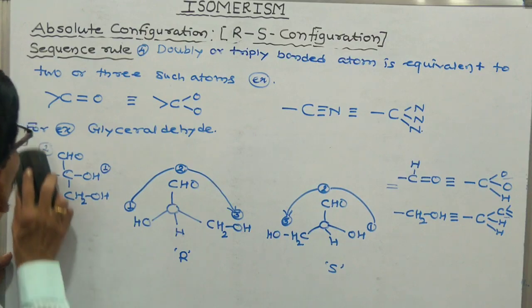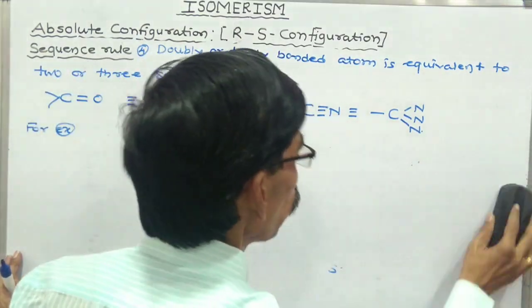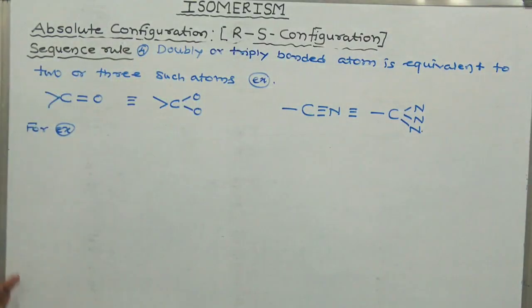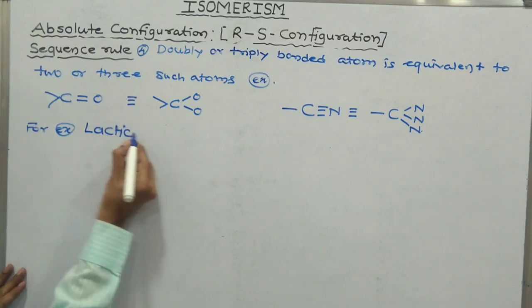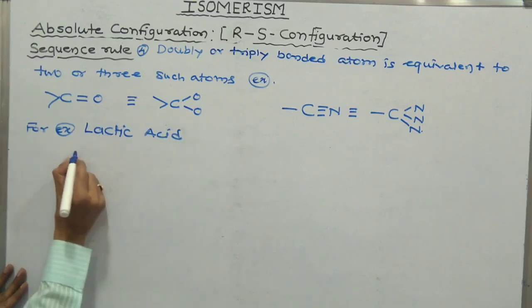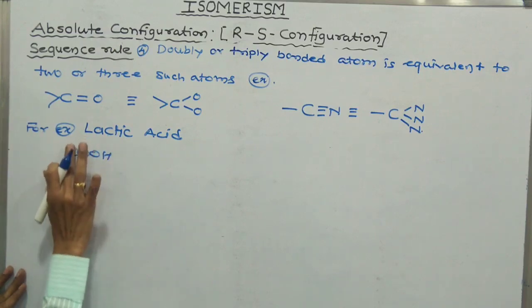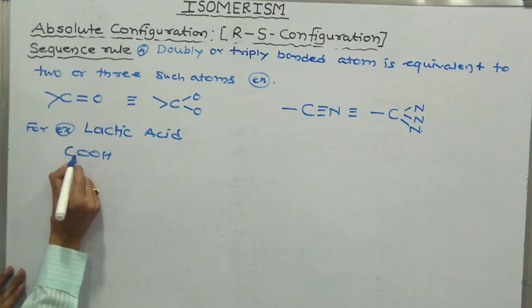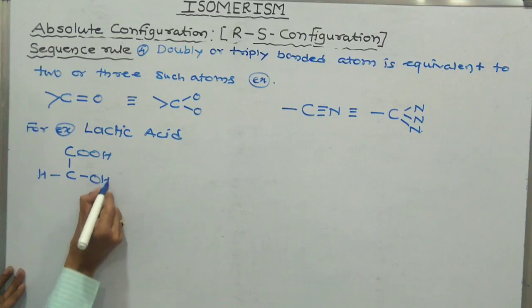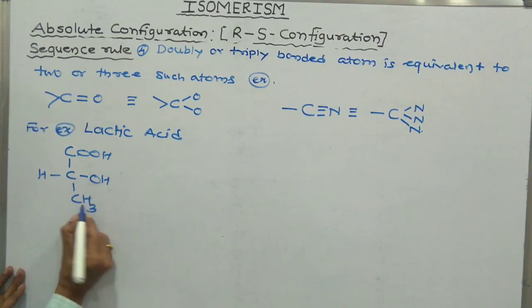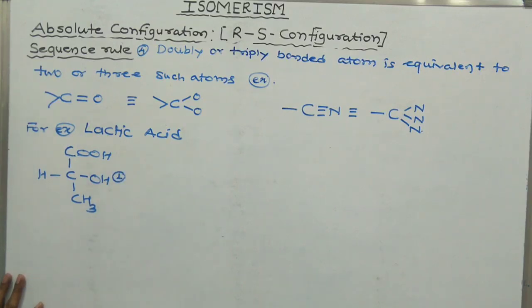Another example is lactic acid, with COOH, OH, and this CH3. Now in this example, the first priority goes to the oxygen atom.